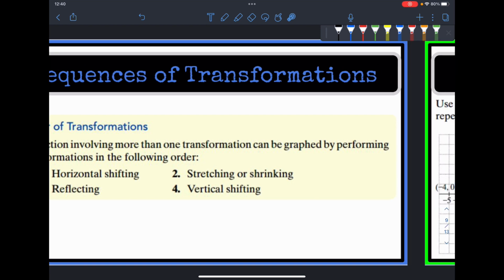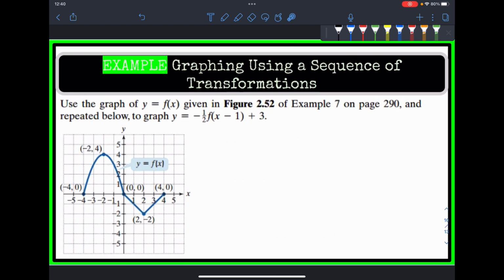So for example, here we have this function f of x, and we want to transform it by performing these operations to this function. Well, we start off by first looking at the horizontal transformation. So that's the input value of x minus 1. x minus 1, remember, is going to shift this 1 unit to the right.